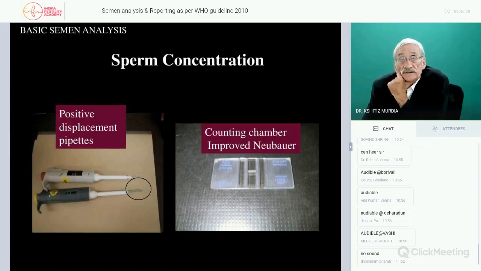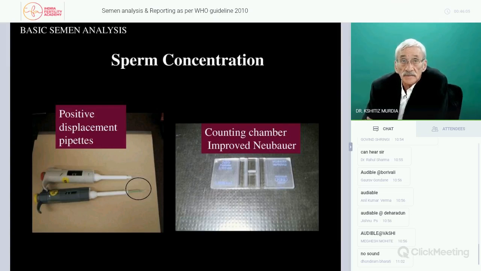The counting chamber that is preferred by the WHO is the Neubauer. Now, I know a lot of you will say, oh my goodness, yes. I agree, it's a tedious, troublesome, time-consuming effort. The only reason they advise us to use this is because you have a double control on the dilution that you make.